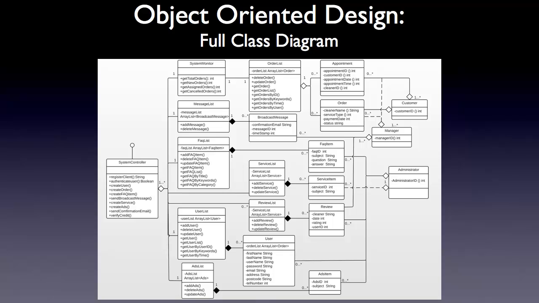In this case, it's the array list. These lists are all linked to a system controller, which will be able to perform actions on the object and their lists through method calls. The GUI is linked to this system controller, which links the system logic to the user face.